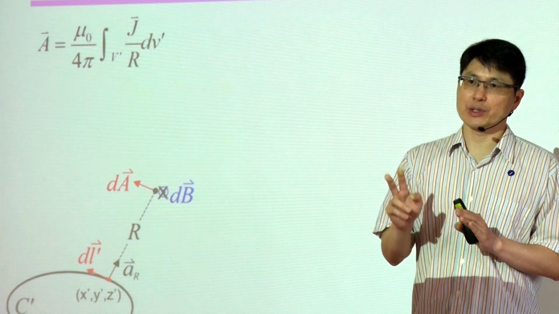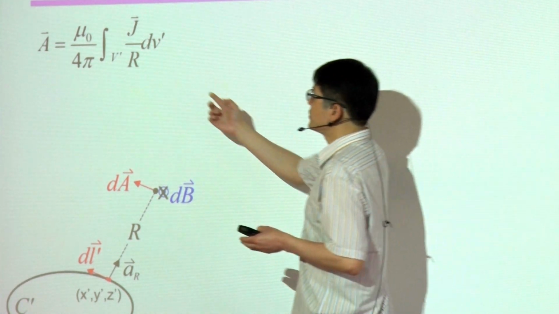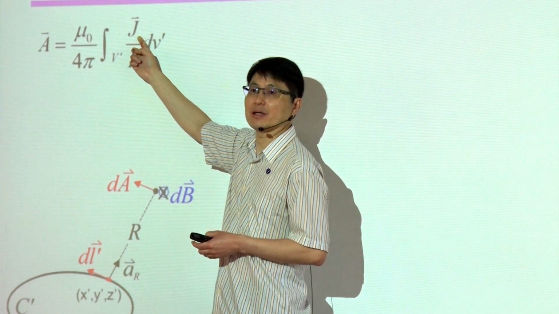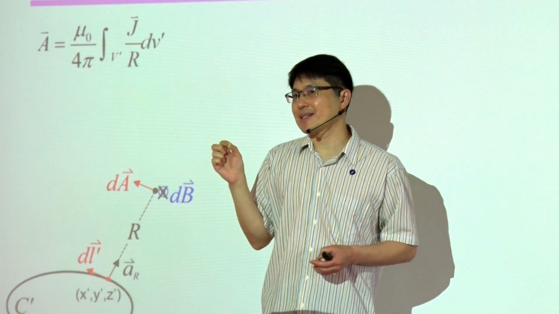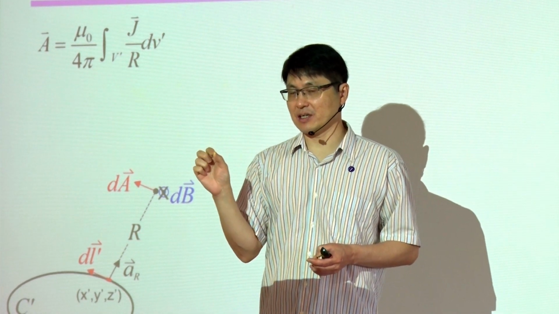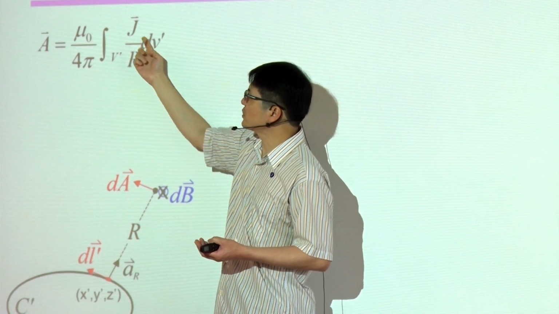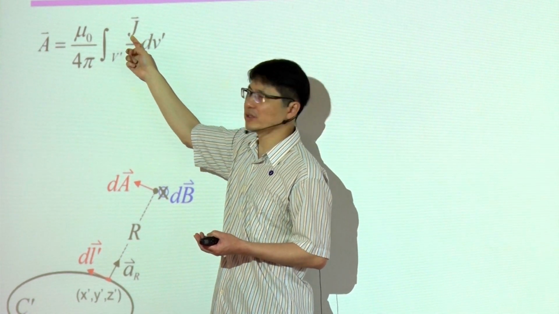Examination 1 and 2 is coming up next Monday, right? What is current density? Current density is the surface density of current. Is there any meaning to perform the volume integration of current density?